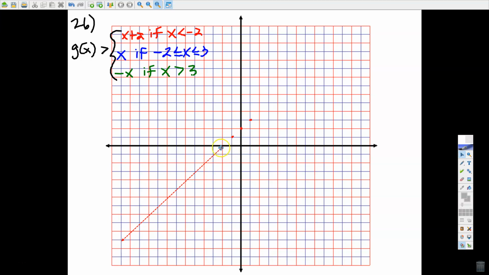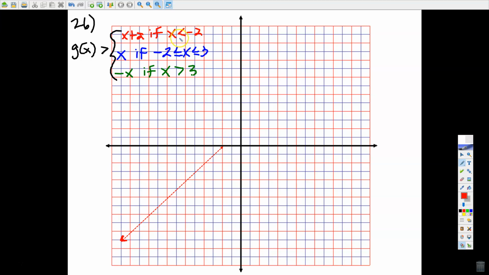And pretend that's not an arrow, it's just hard for me to change. That really shouldn't be an arrow there, because that's really an end point. Negative 2 is an end point, and it's going to continue on for x values that are less. So it's an arrow here and then an end point here.